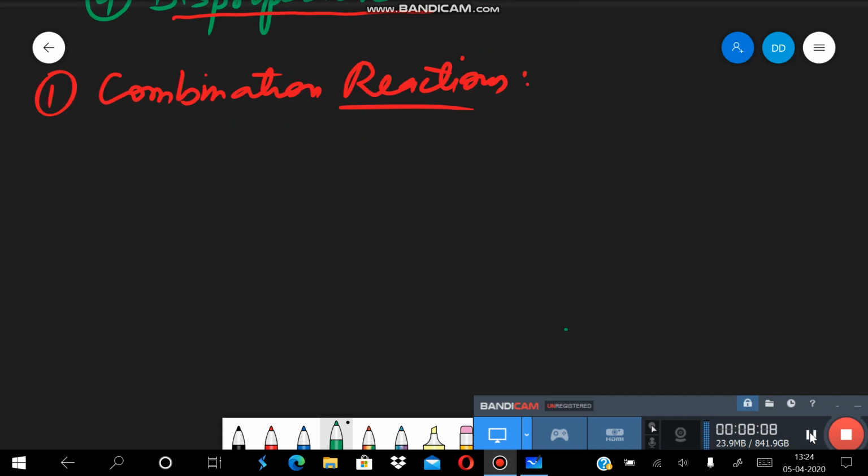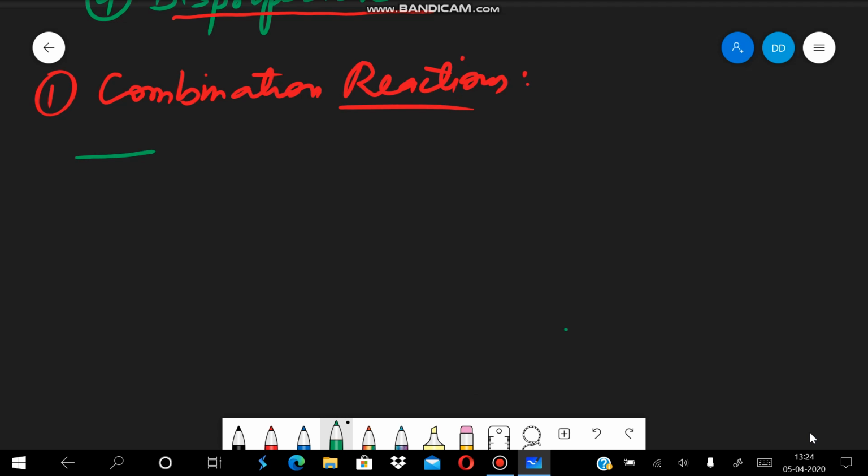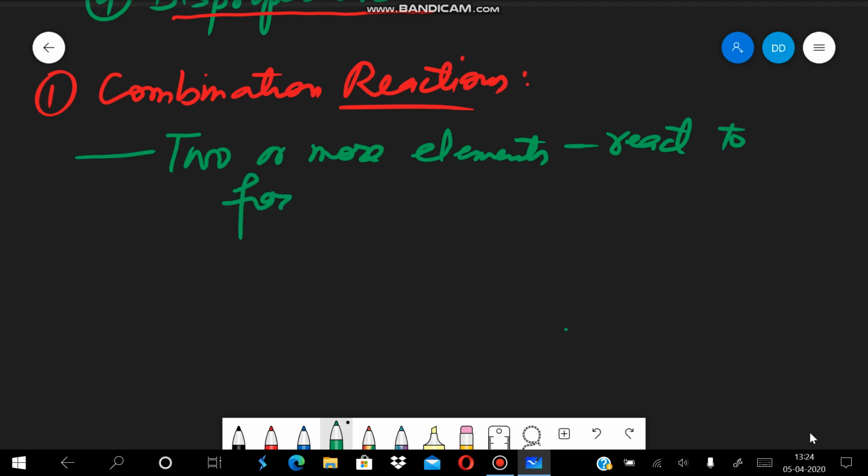In combination reactions, 2 or more elements combine or react to form a chemical compound.